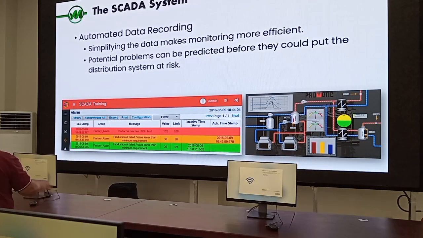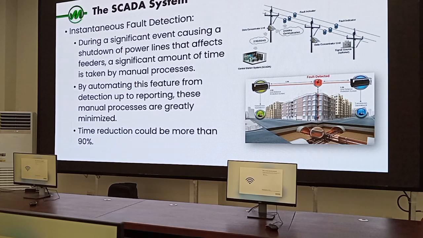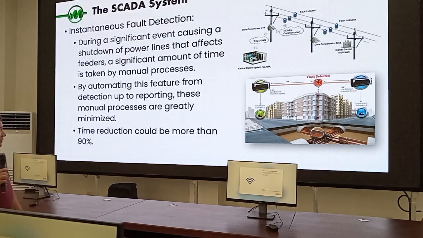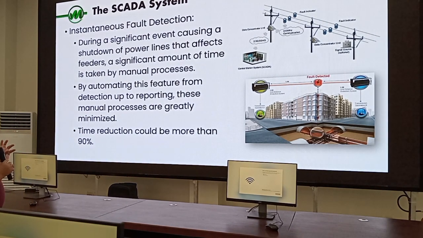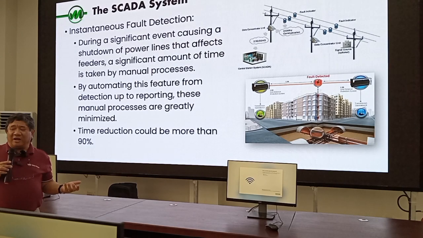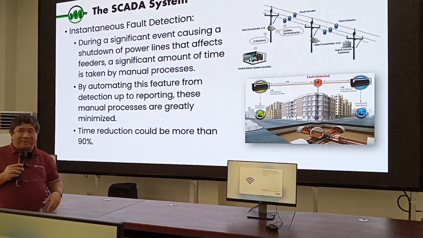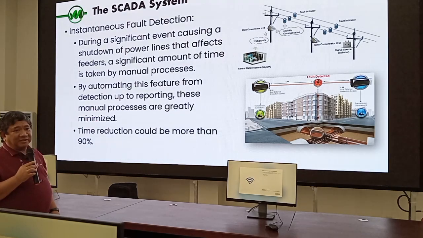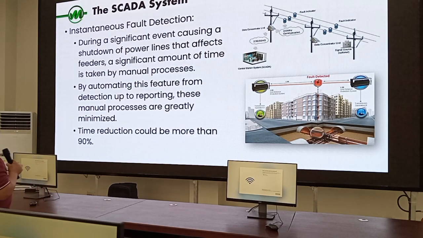Okay, next. The SCADA system also has instantaneous fault detection, for what happens downstream from the substation. As I was saying earlier, our ACRs and LBS are SCADA-ready, so they will also be part of this. Whatever happens downstream can also be detected by the control center.